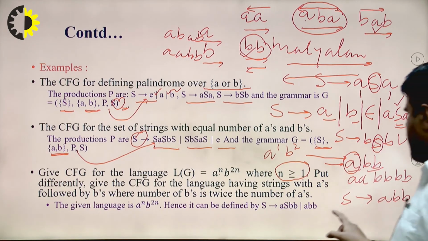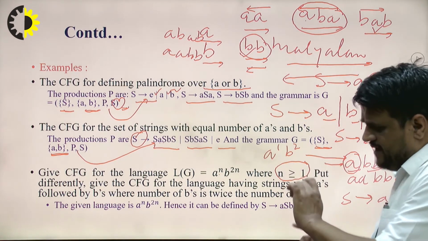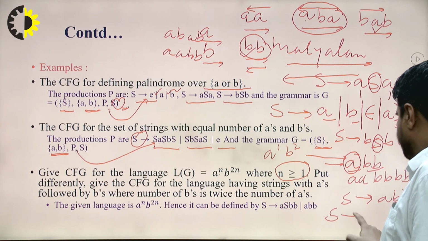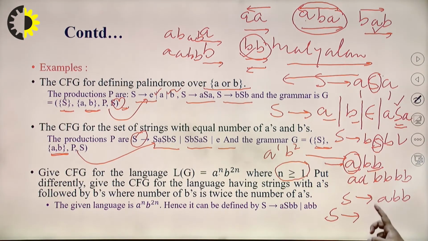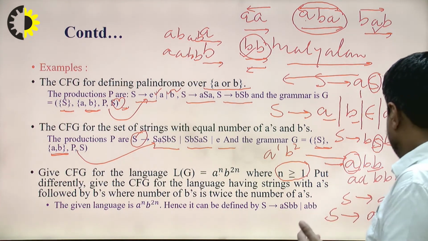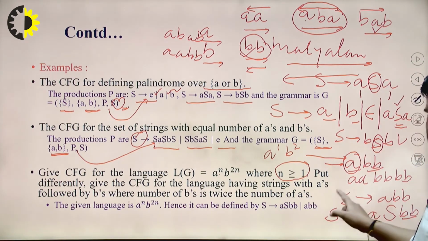Second thing, after that, if we want to write down the recursive rules for generating the string, in which manner do you have to write it? A followed by B, B, and again you have to repeat it. Meaning S will be repeated so many times. The number of A is always half the number of B, or you can say the number of B is double the number of A. So this is a production.